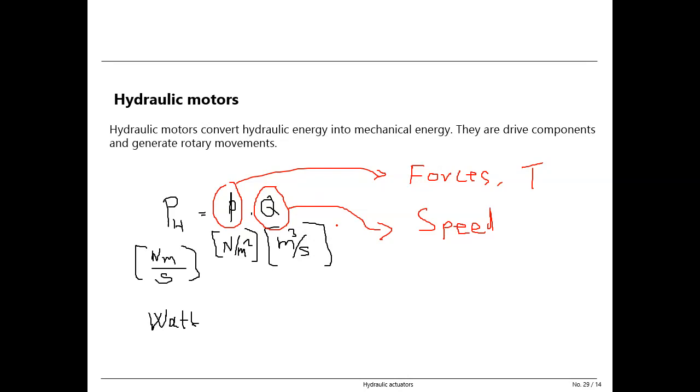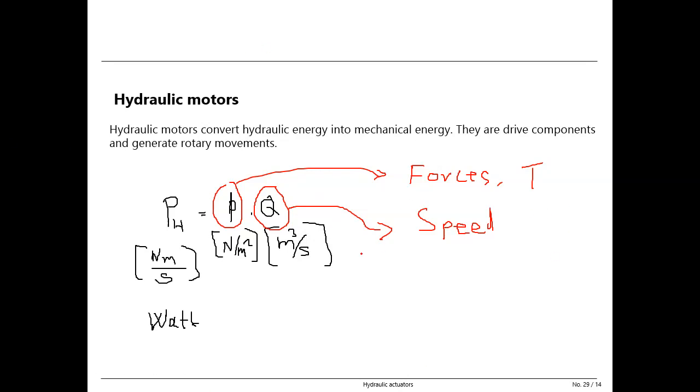And so our aim is how can we adjust the pressure and how can we adjust the flow rate. By adjusting the pressure, we can adjust at the same time forces and torques. And by adjusting the flow rate, we can adjust at the same time the speed of the actuators, for example.